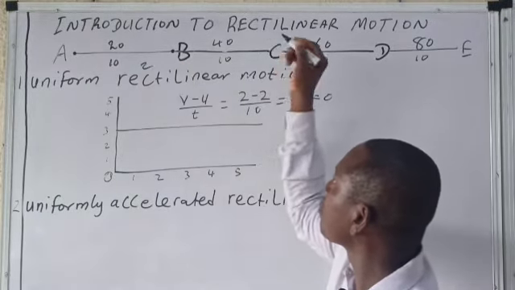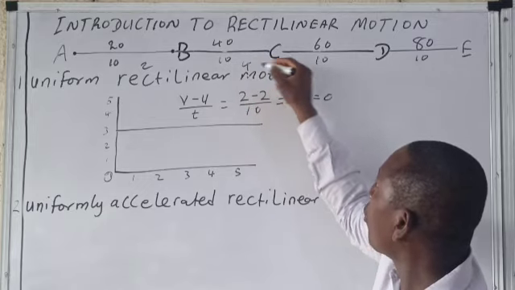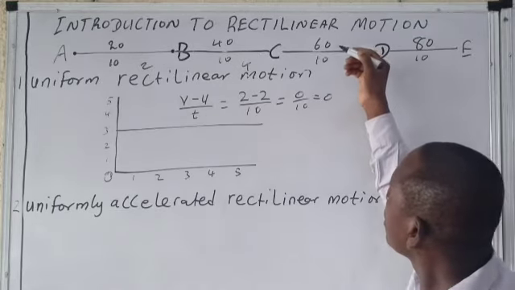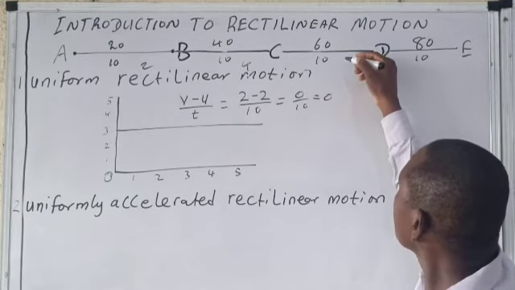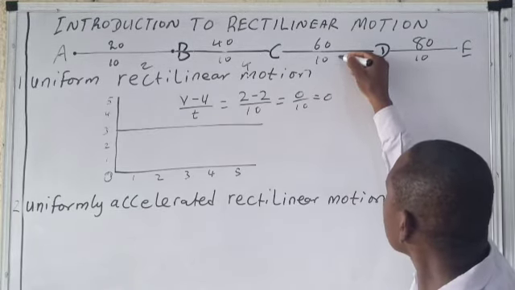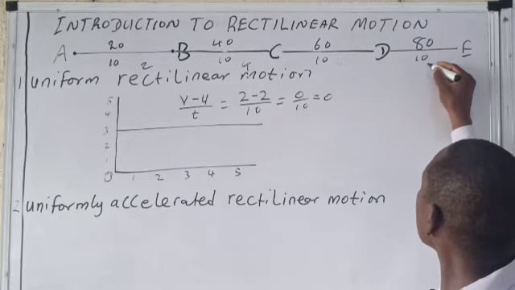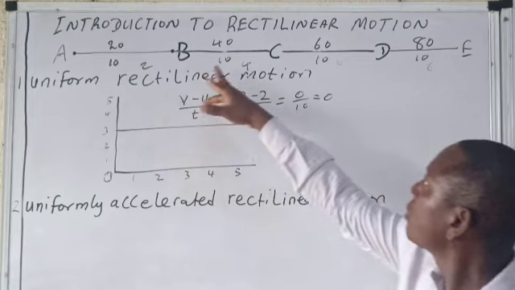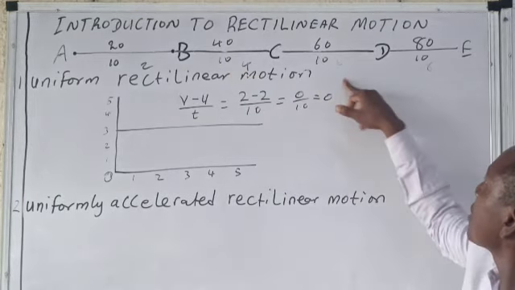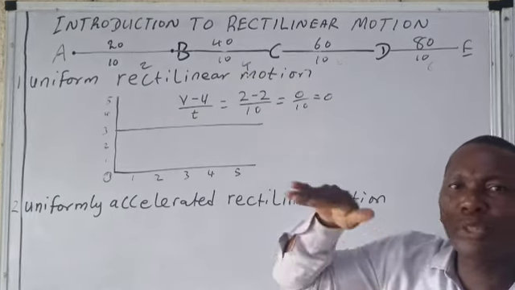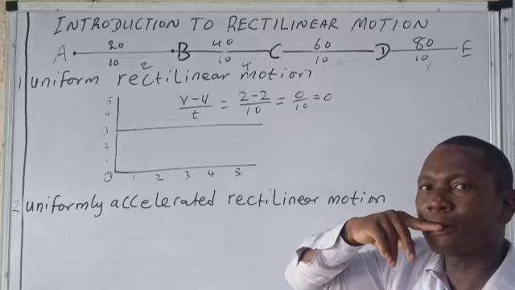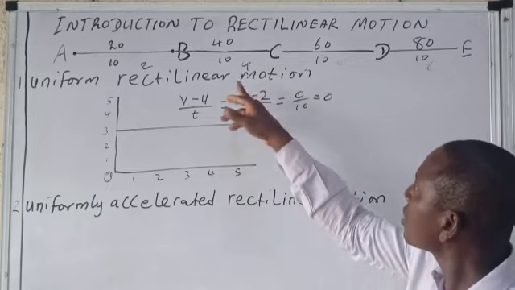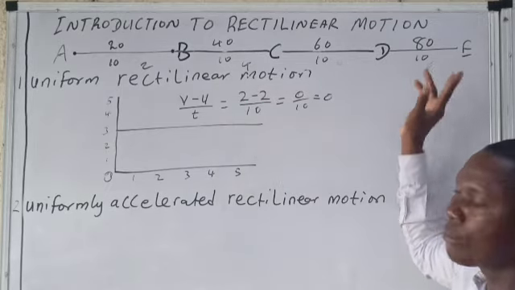Here is 2. Here is 4. Am I correct? Here is 6. Here is 8. So here is 2, here is 4, here is 6, here is 8. Do you notice that the velocity is changing at a constant rate?